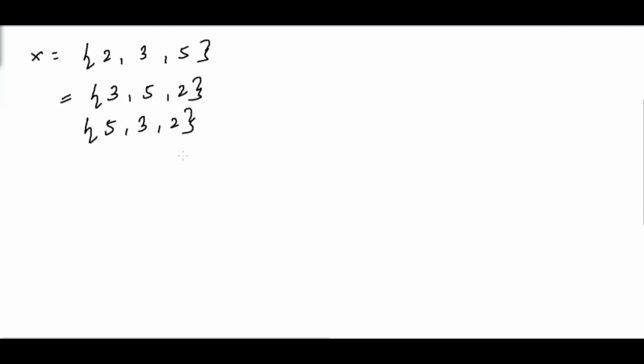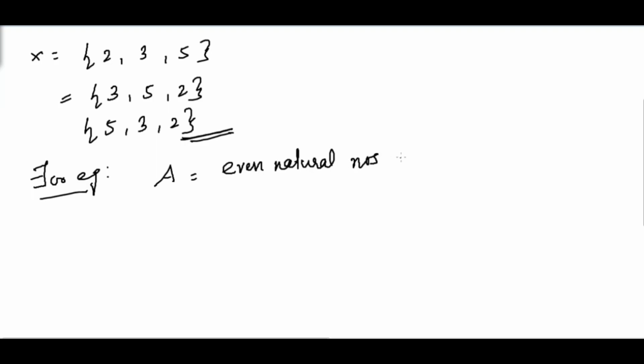Next, let us take one example and learn the concept of elements. Let us take A is equal to even natural numbers less than or equal to 10. This is the statement. Now, for this we can write the elements as 2, 4, 6, 8 and 10.